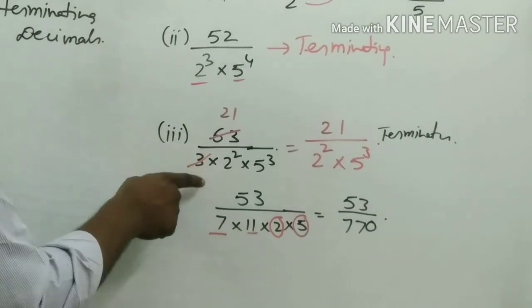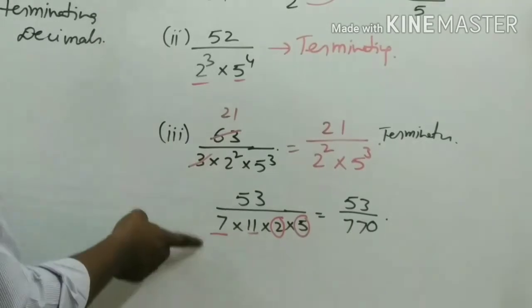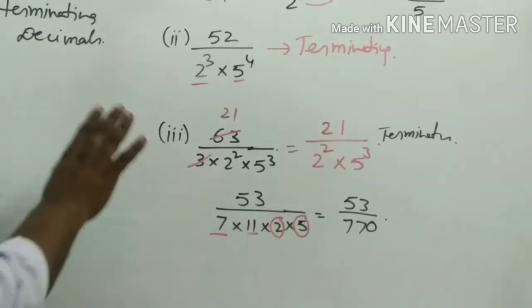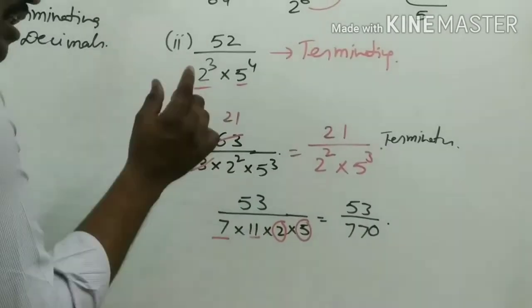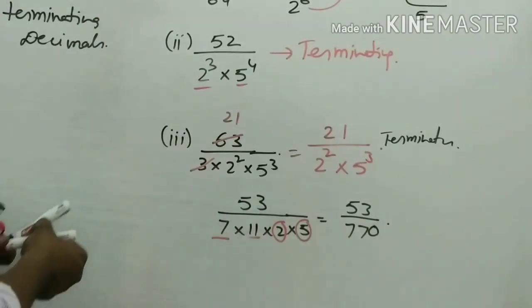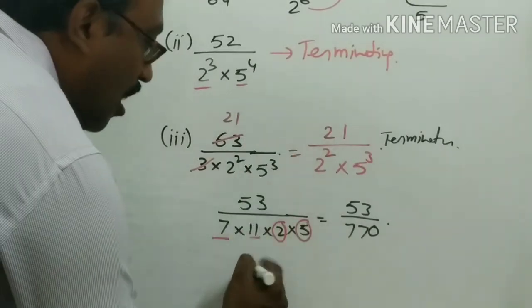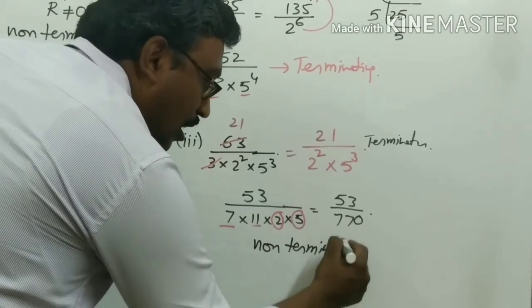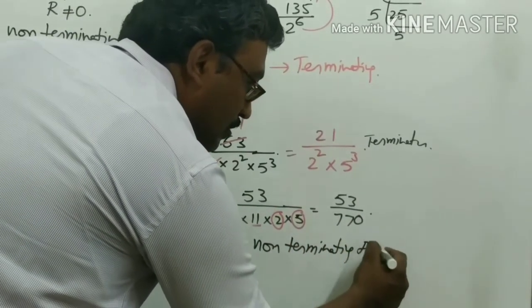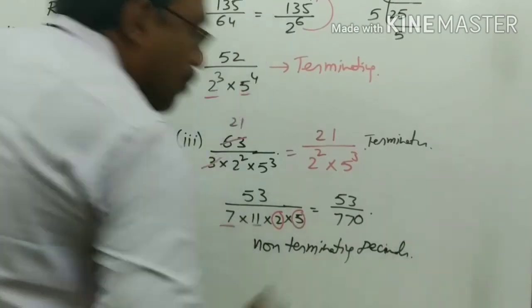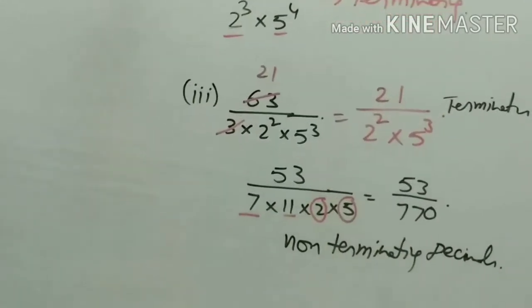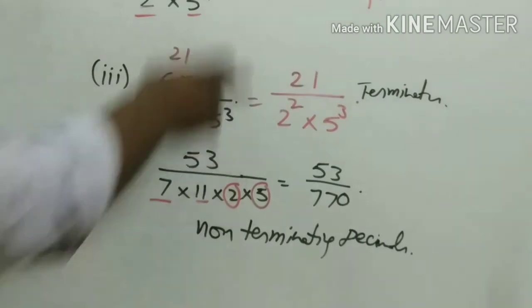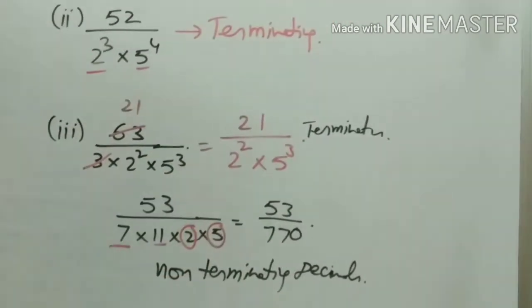If anything else is there and it can be cancelled, you better cancel it. If it is not cancelled and is left like that, then we can say it is a non-terminating decimal. So how do we categorize whether the given decimals are terminating or non-terminating?